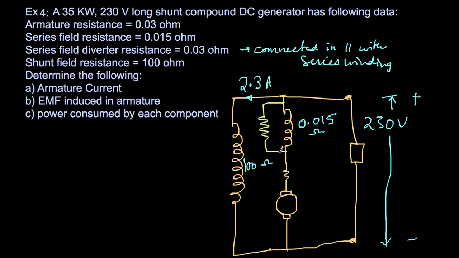What this diverter does is some of the armature current gets diverted to this, so that will slightly weaken the series field. The applications of this maybe we'll discuss later in this course, but right now, as per the data given, we'll solve it. So this is 0.03 ohms. This is the resistance of the diverter, and armature resistance is 0.03 ohms.